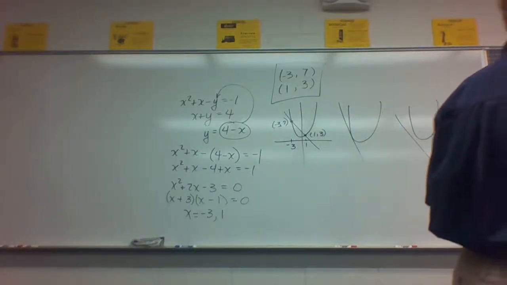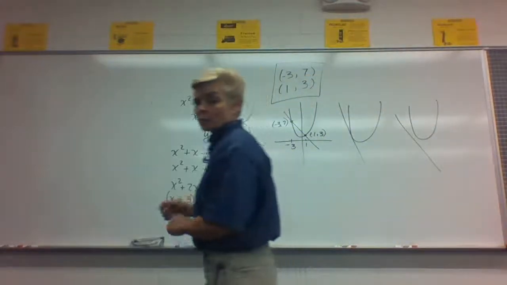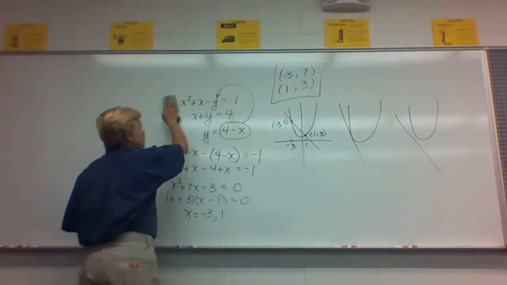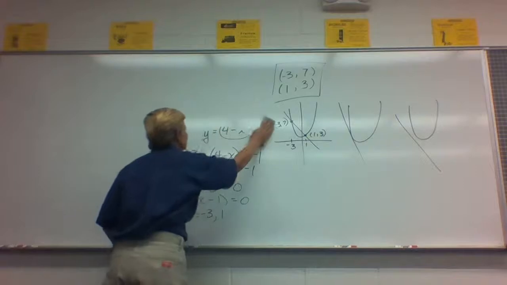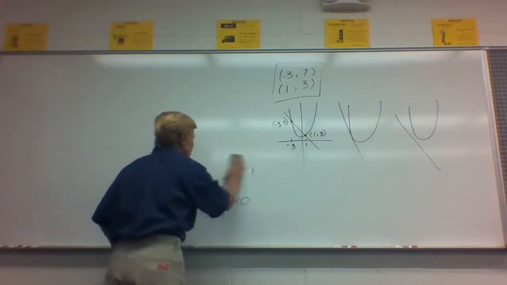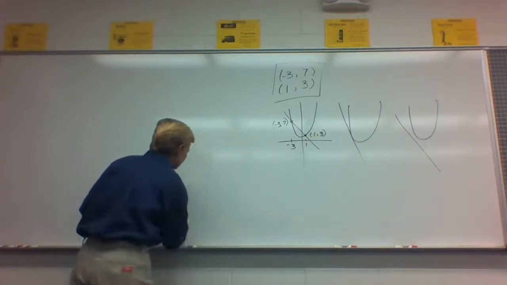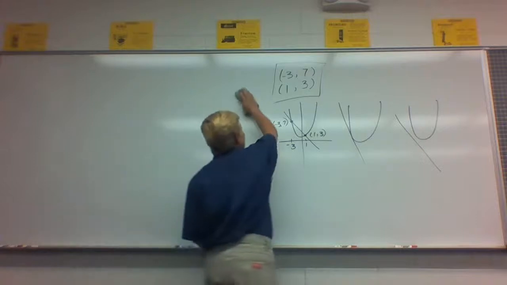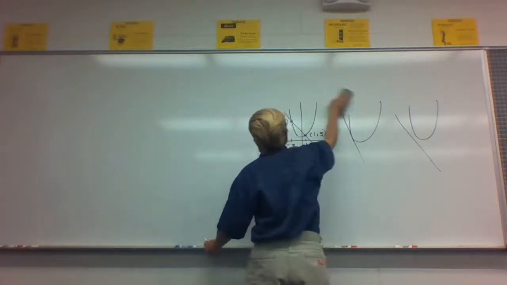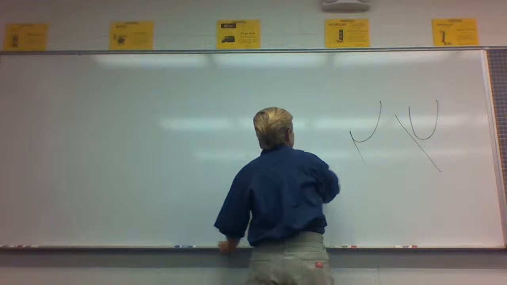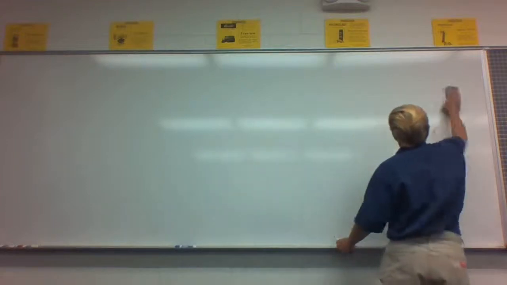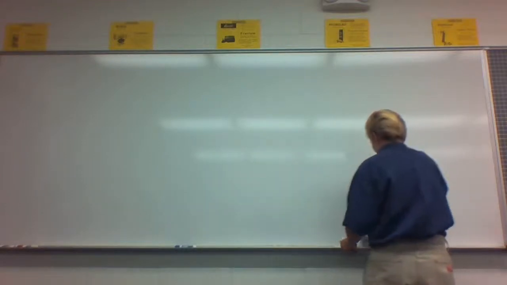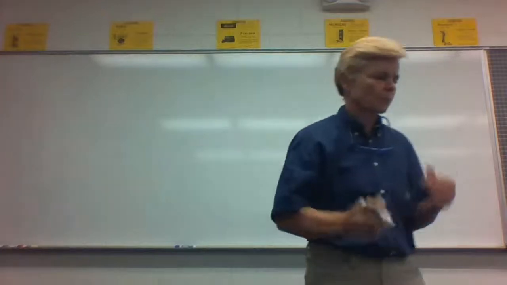So example 3, I got to keep erasing so I can keep showing people that are watching the video. So I'm going to try example 3 now. I'm going to use another method that you're also familiar with. Show you how it works with a quadratic system. We're going to solve the next system with elimination. That's what the book calls it. I think it's a dumb name, but we're going to go with it.